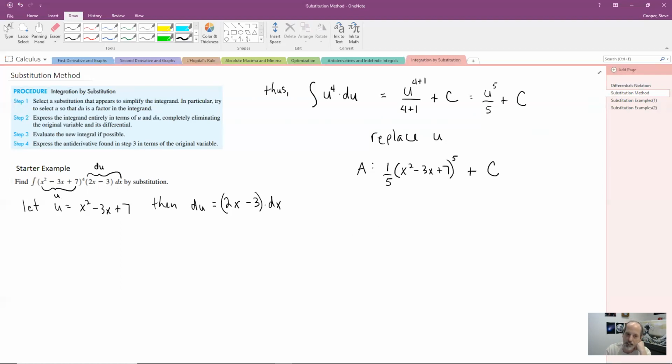Okay, so by creating and substituting u for some block in the integrand that looks like it would be the easiest to whittle down, we can substitute and then integrate something much simpler and then substitute back the original declaration. So that's the idea, and that's what this is saying if you ferret those steps out.